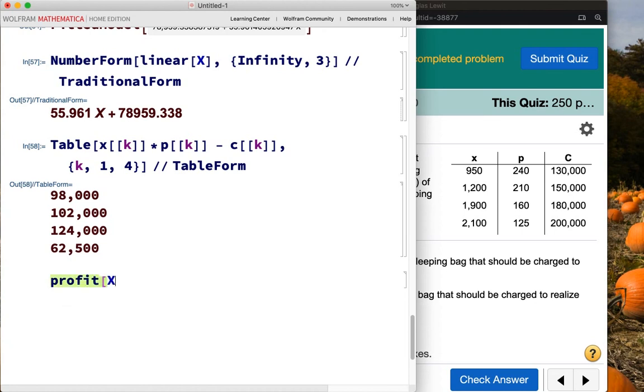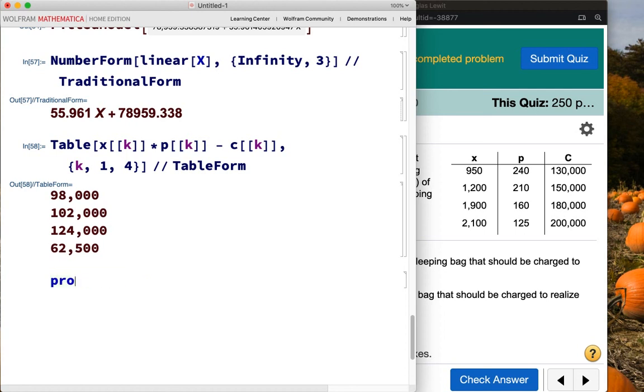Profit of x, yeah, I'll use large X, is equal to the revenue. Well, now this is tricky.